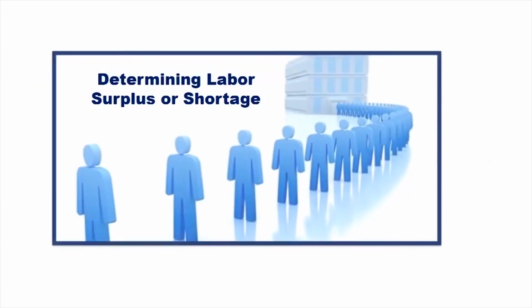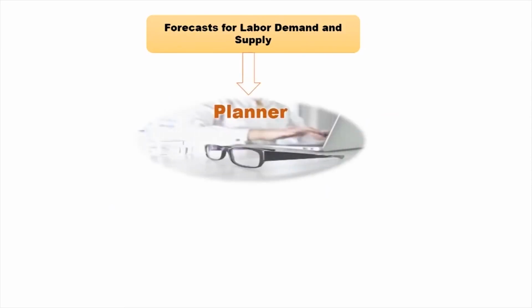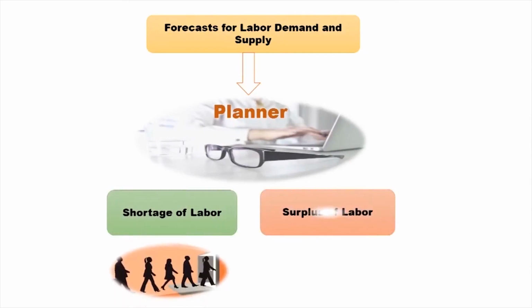Well, based on the forecasts for labor demand and supply, the planner can compare the figures to determine whether there will be a shortage or surplus of labor for each category.